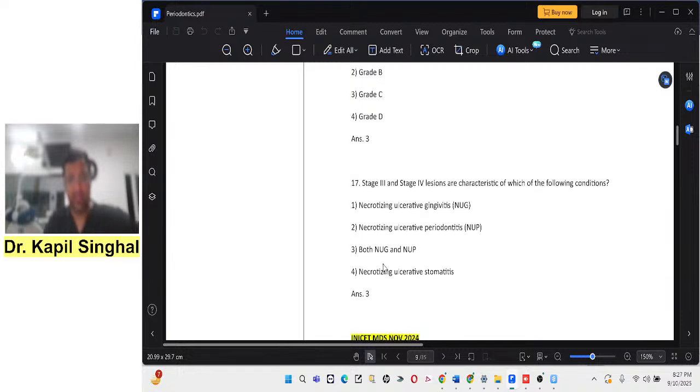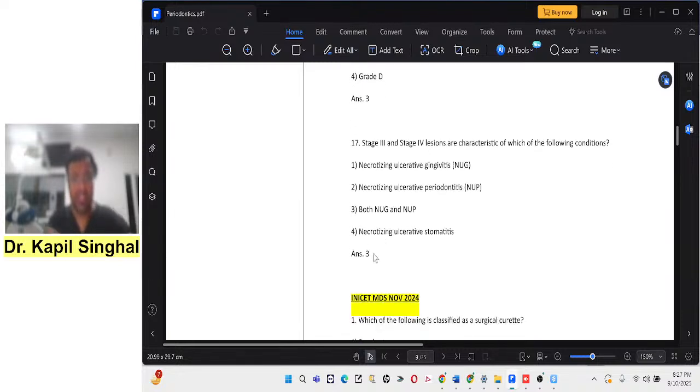Next question. Stage 3 and stage 4 lesions are characteristic of which of the following conditions? He is asking about Horning and Cohen's classification. In Horning and Cohen's classification, there are 7 stages. In stage 1 there is necrosis of the tip of the interdental papilla.